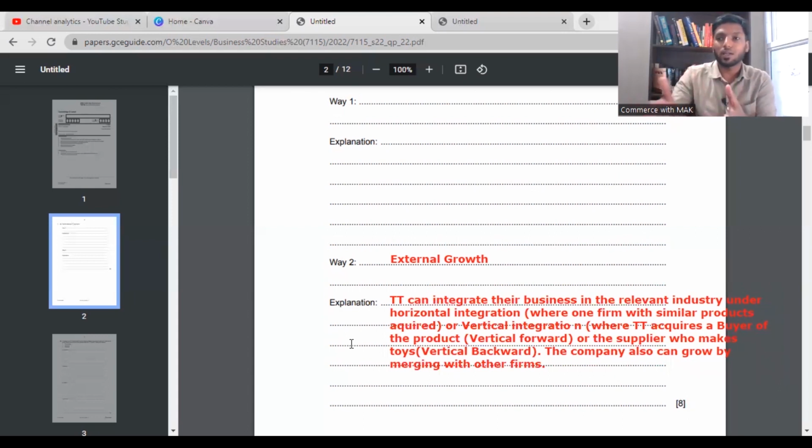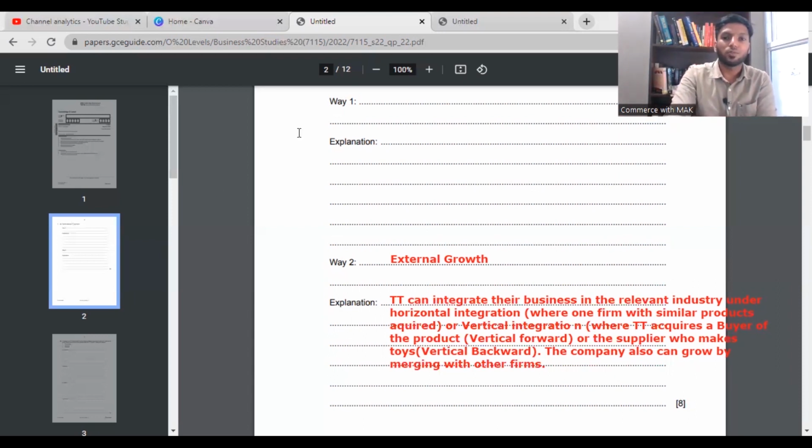Forward means you are buying a retailer who is selling the toys to customers, maybe a place where you have all the toys. You buy that particular company who is selling the toys to the customer, so you can directly do that work without relying on them. And also if you can buy a supplier who is making the toys' basic parts, you can save a lot of cost because you have bought a complete supplier.